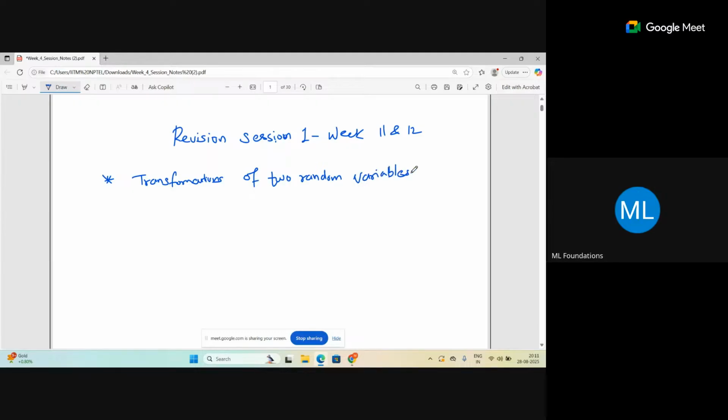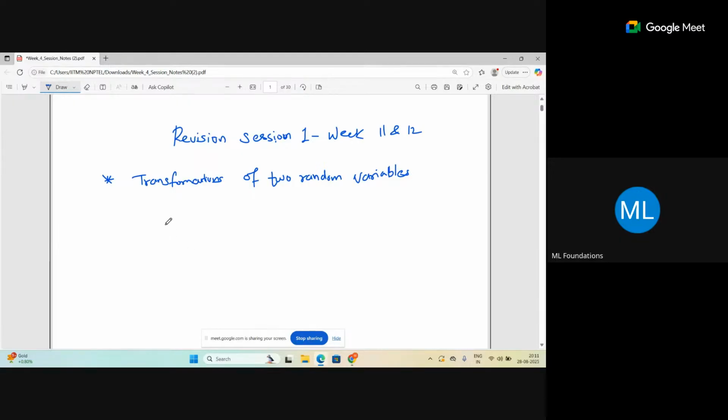What we have known previously is that if I know the joint density of two random variables, and these two random variables are functions of another two random variables, then we will be able to find the joint density of the two new random variables, on the basis of what I have known earlier.